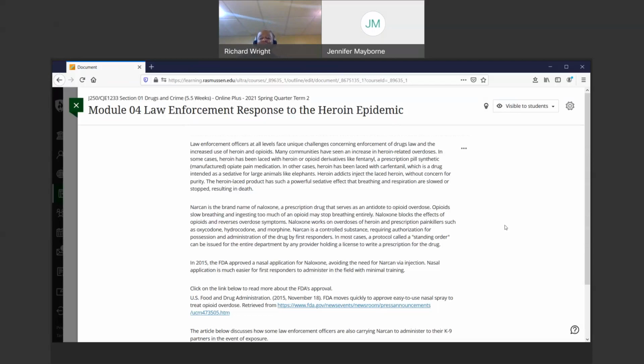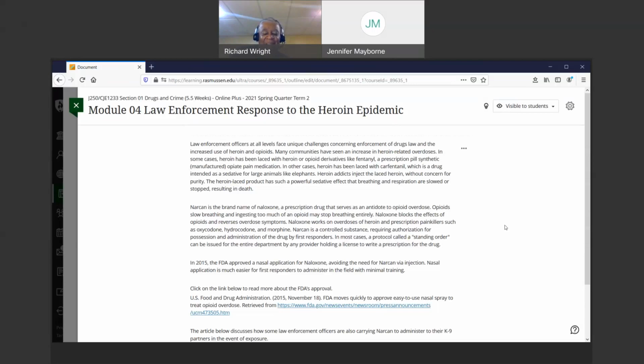So now law enforcement and first responders are armed with what we call Narcan. Narcan is a drug that's supposed to arrest the overdose, or stop it.